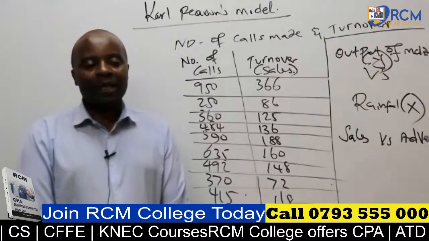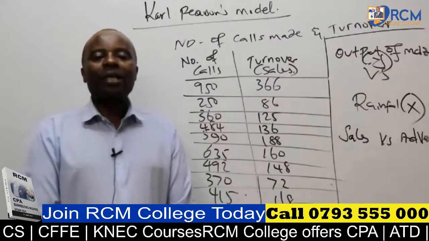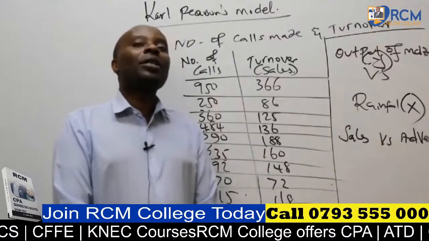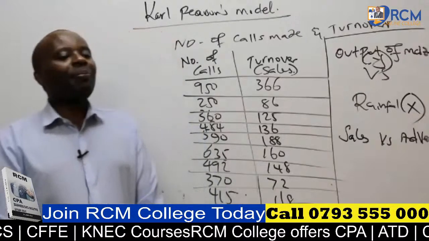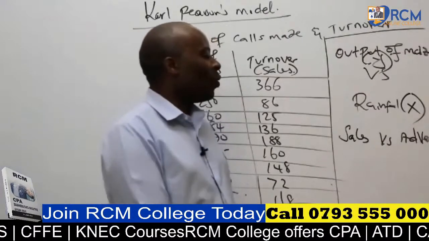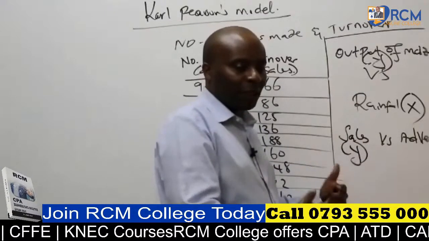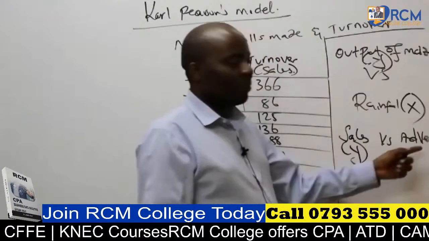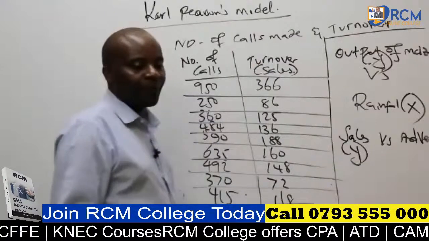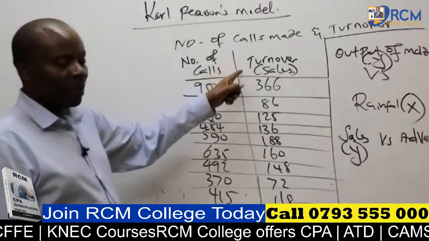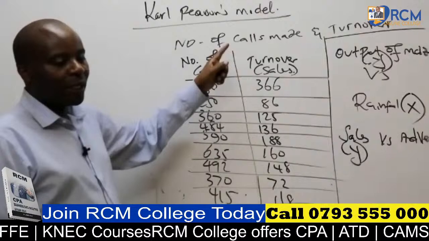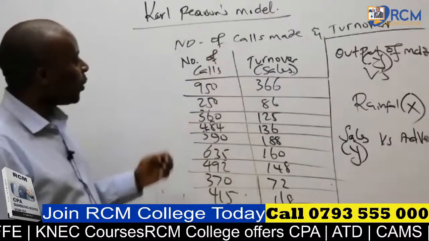So, ladies and gentlemen, you must always look at the variable that depends on the other. Like now here, y will be sales because sales is a dependent. It's a function that is being influenced by advertising. So look at this thing keenly. Which one depends on the other?